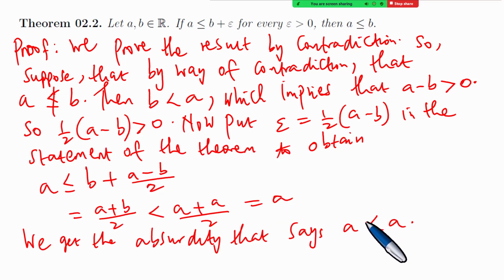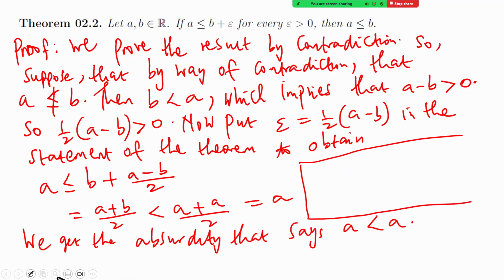The number cannot be less than itself. So which is a contradiction?